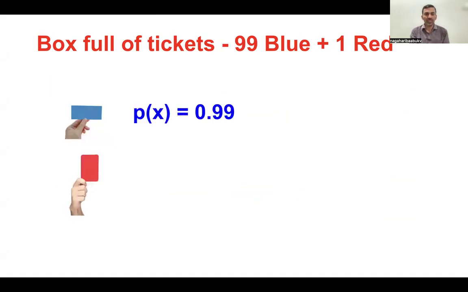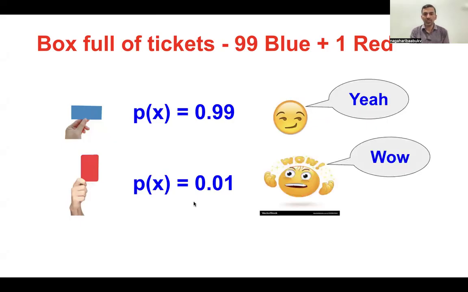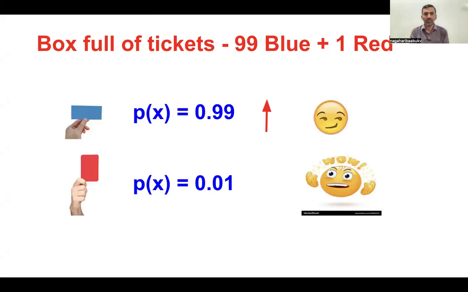In terms of probability, the probability of getting the blue ticket is 0.99 and the probability of getting the red ticket is 0.01. When you get a blue ticket, you may not be surprised, but when you get a red ticket, since the probability is very low, you will definitely be surprised. So there's a wow factor associated with the lowest probability events, right?